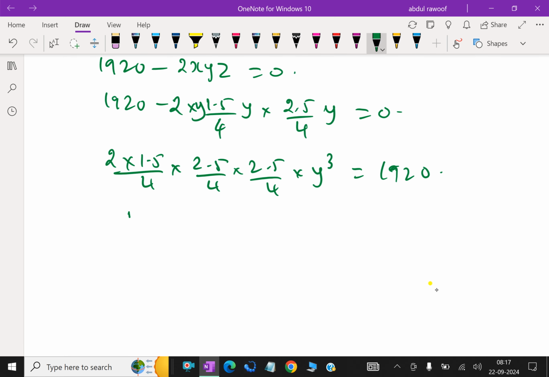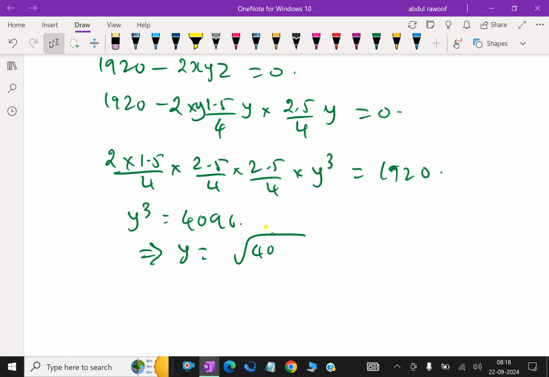Then from this we get y cube equals 4096 by calculation. From this we can get y equals cubic root of 4096 equals 16.